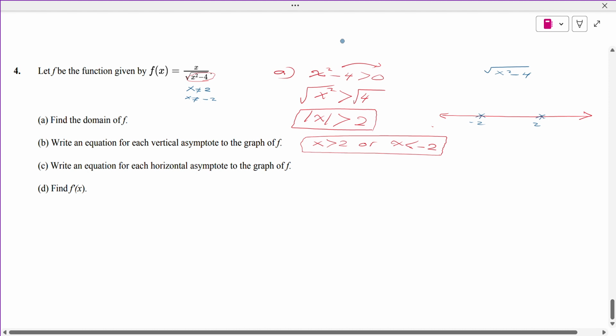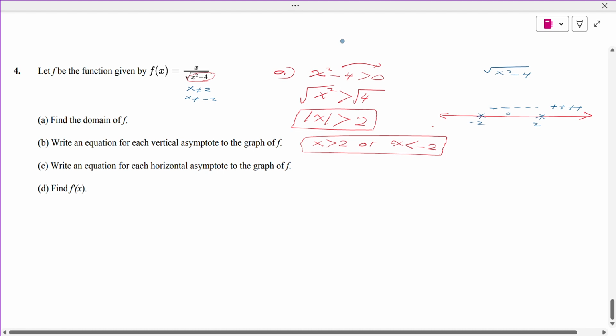If you choose a value between negative 2 and 2, like 0, and substitute it here, square root of 0 squared minus 4, it will be negative. If you choose a number bigger than 2, like 3, 3 squared is 9 minus 4 is 5.